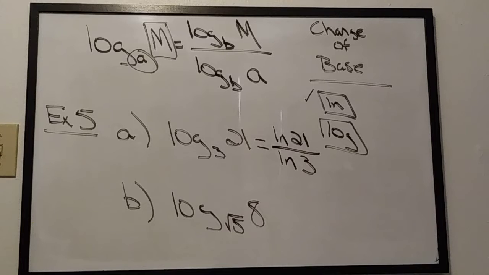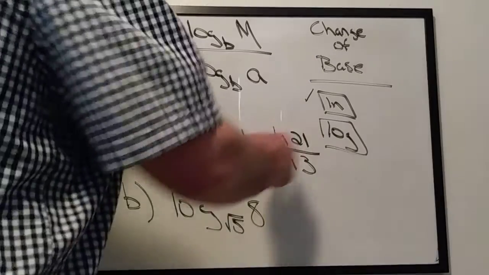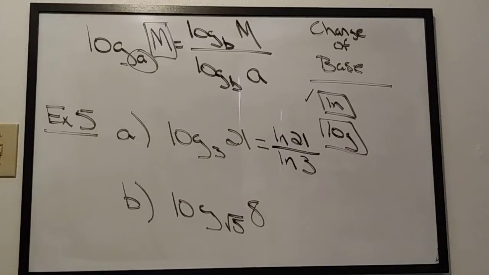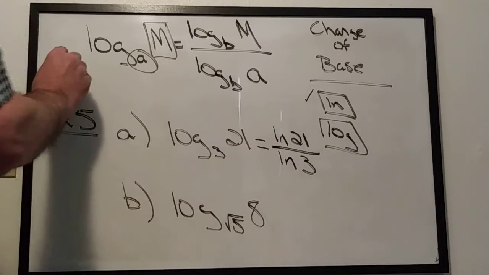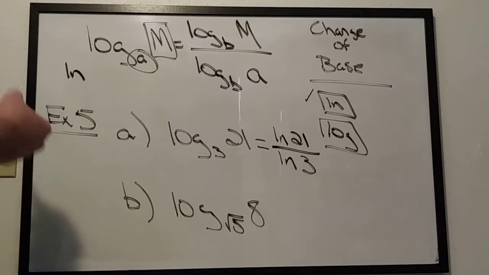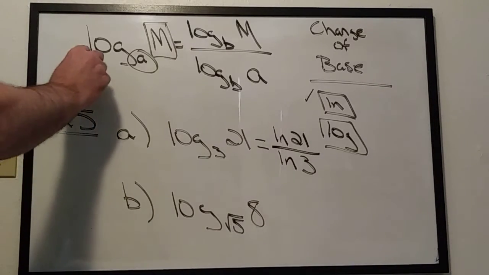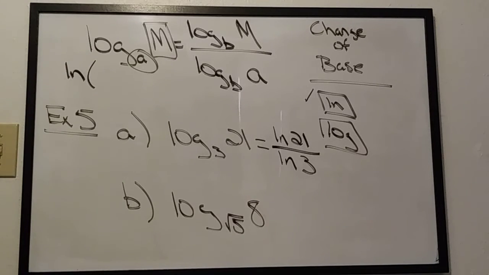Now, you have to be kind of careful on this one, because if you type your log of 21 into your calculator and you don't think about the parentheses, you may end up having something happening that you're not expecting. If I type in the natural log, many of your calculators will automatically give you an opening parenthesis.